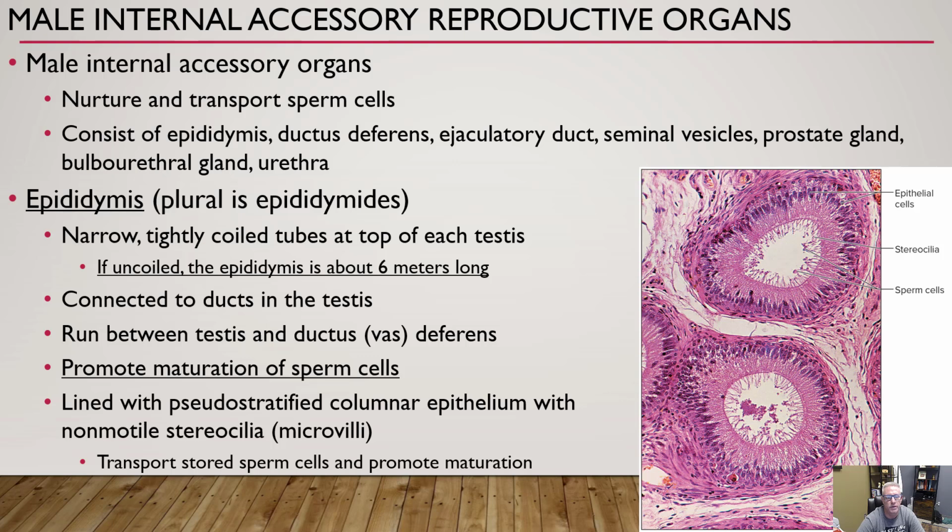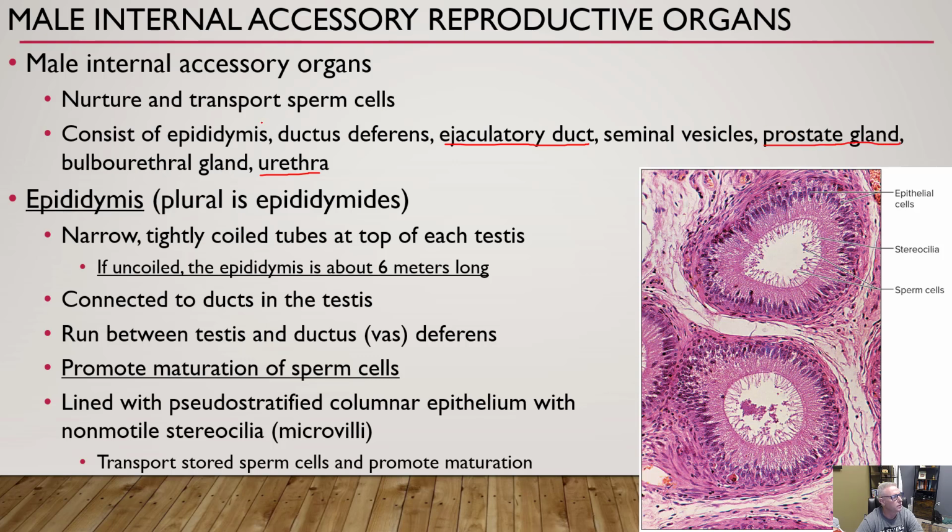I guess first I should say the male reproductive system consists of the epididymis. You're going to have to know which ones are bilateral or paired and which ones are unpaired. So in the male, we only have one urethra, one ejaculatory duct, and one prostate gland.